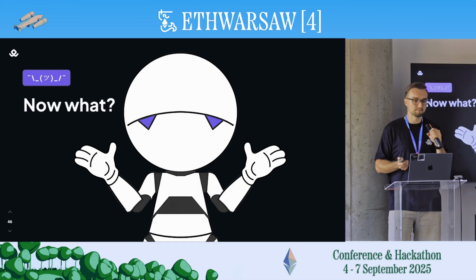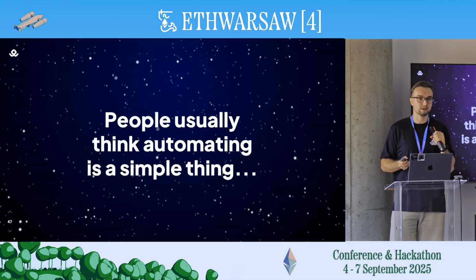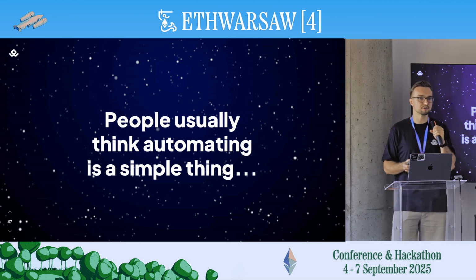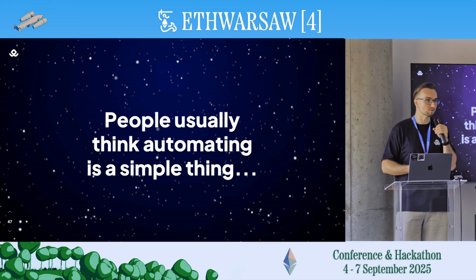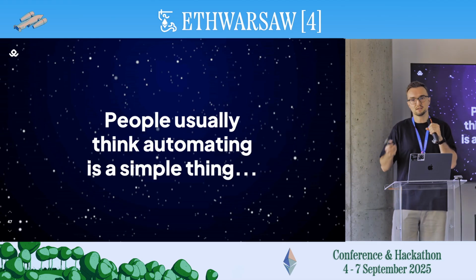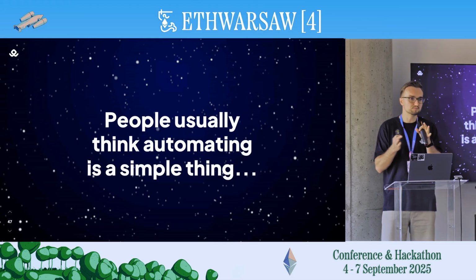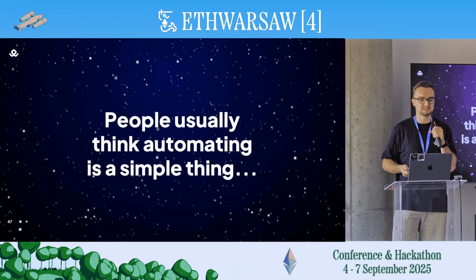So now what? People usually think automating is a simple thing, but those who haven't actually gone into deep automation don't know how complex it is. Like writing custom smart contracts, scripts, deploying relayers, making sure they have gas, giving access to private keys, and if you want to do something new, you have to go all over the process again.